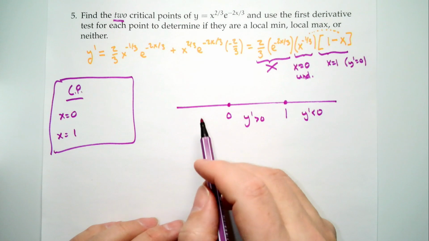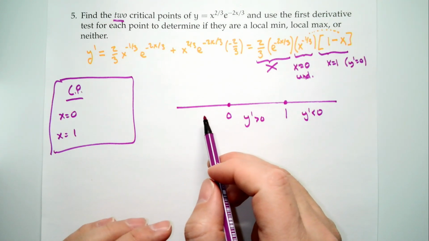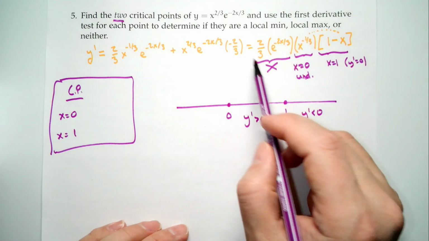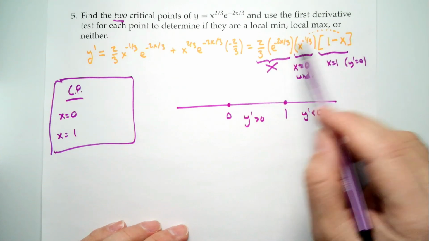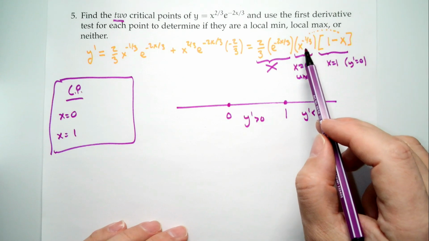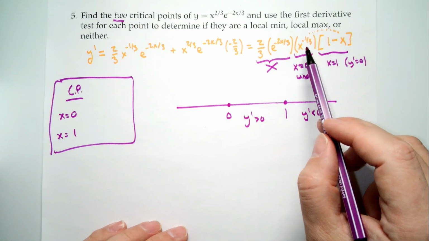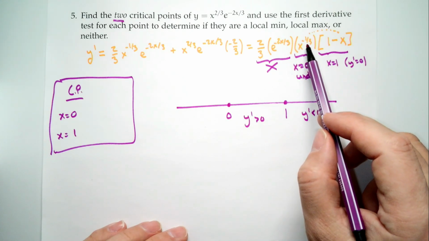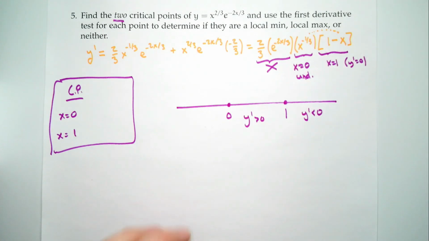How about something below 0? Say negative 1. First part's always positive. Let me skip to the end. 1 minus minus 1 is positive. Okay, got to think a little bit. If I take the cubed root, because that's really what's happening here, that 1/3 means a cubed root. A cubed root of a negative number.